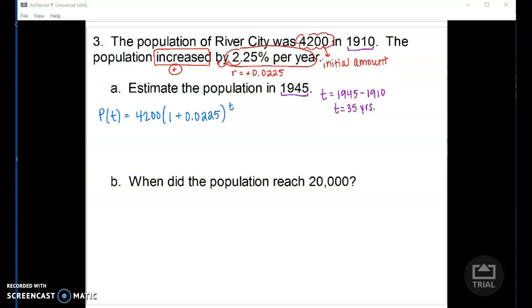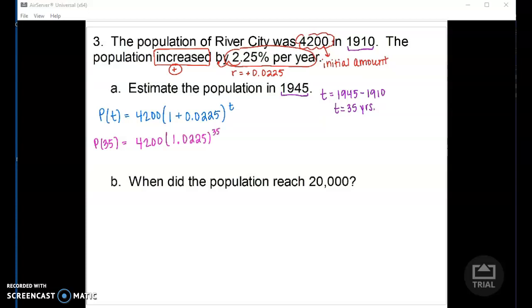Initial is 4,200, parentheses 1 plus 0.0225, to the t. So they want us to figure out when t is 35, what is this going to be? So we're really just plugging in 35 here. So it's going to be 4,200 times 1 plus 0.0225, and if we want to, you can go ahead and add that together to make it a little neater. So if we add these together, that would be 1.0225.